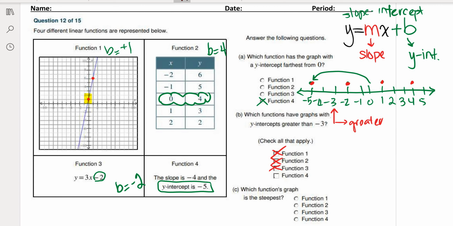Now, part C says which function's graph is the steepest? Well, the bigger the number, the steeper the slope. So let's calculate the slope on each of these. On function 1, it looks like I'm going to go up 5 and to the right 1, so my slope is 5.